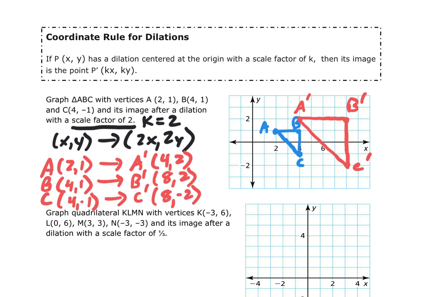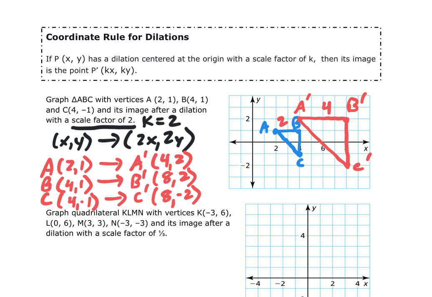What's the length of AB? How long is AB? 2, okay? If I look up here, A prime B prime is 1, 2, 3, 4 long. So the length went from 2 to 4. So how much longer is it? 2 times bigger.